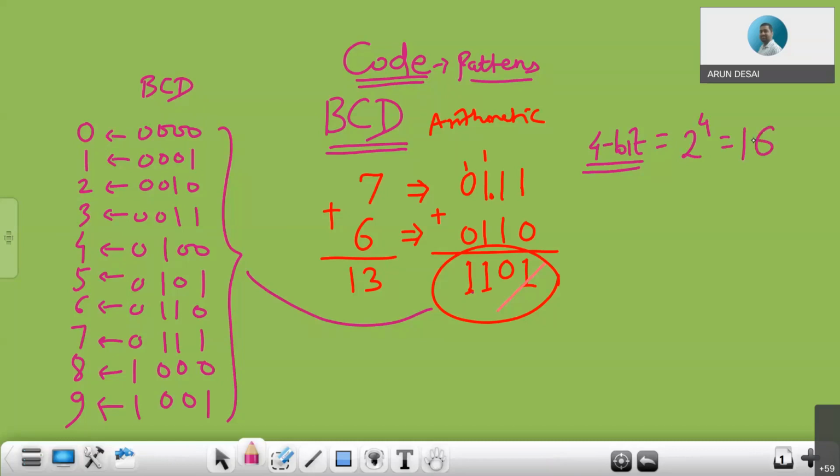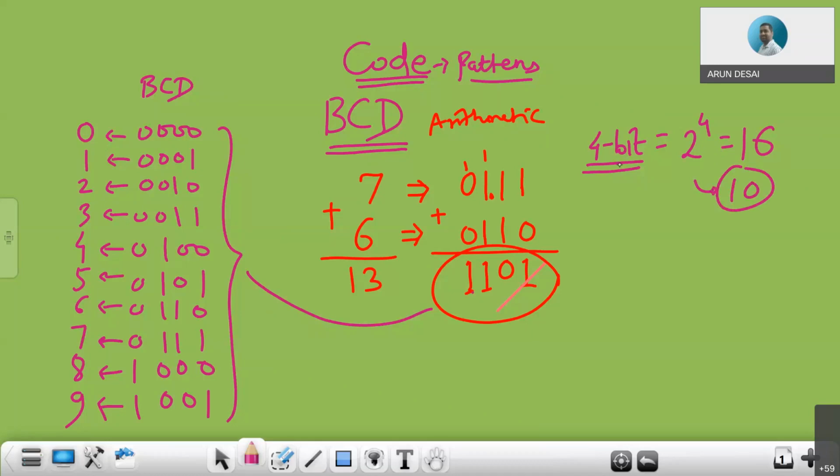From those 16 combinations, how many are we actually using in BCD? Not 9, those are 10, from 0 to 9. So a total of 10 combinations.